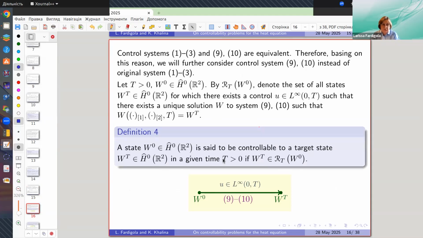So now we can consider definitions of controllability and approximate controllability.